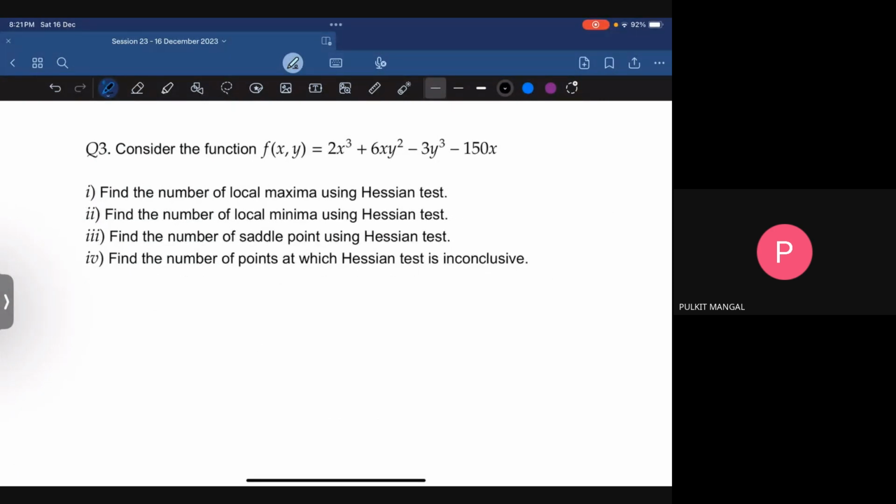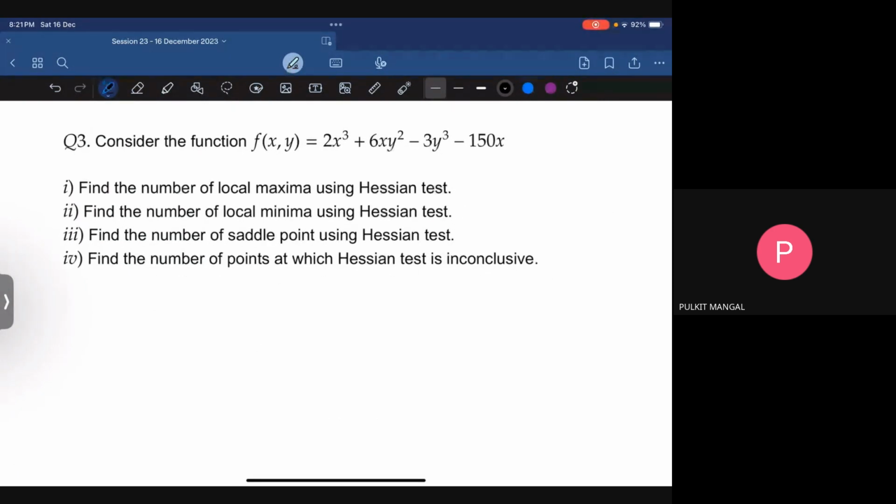So this is the third question. It's the easiest one here. We are given just one function and we need to find the number of local maxima, minima, saddle points, and the points at which the Hessian test is inconclusive. Remember this one thing: none of the conditions for the Hessian test will be given in the exam.